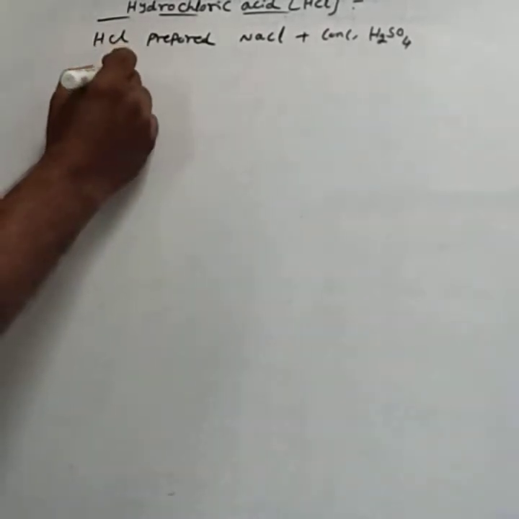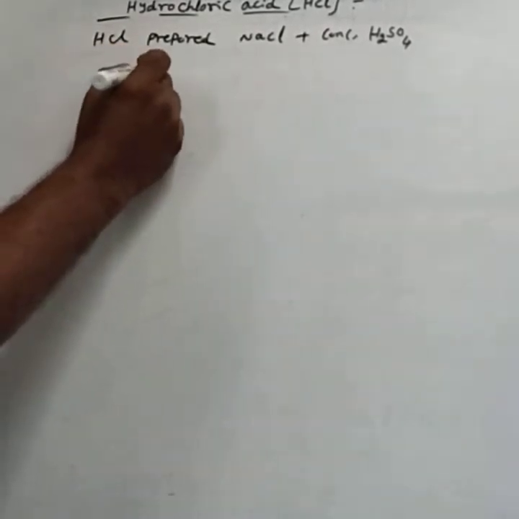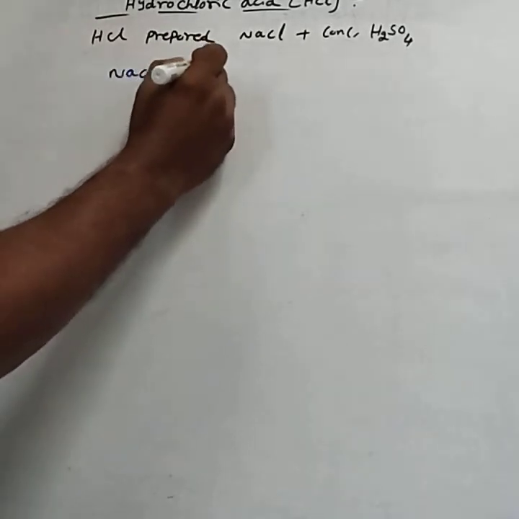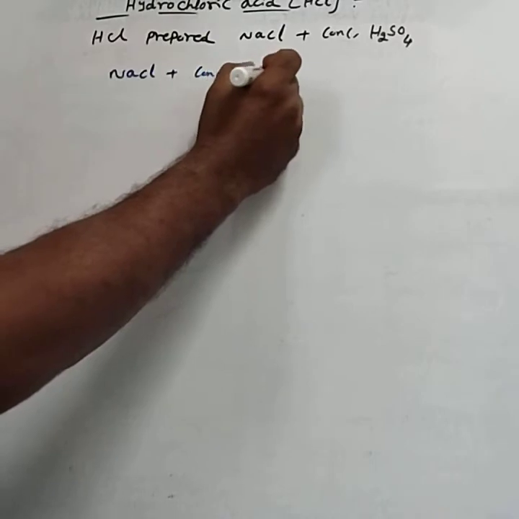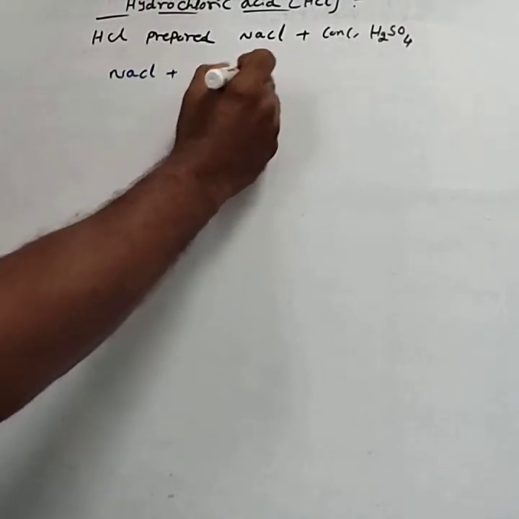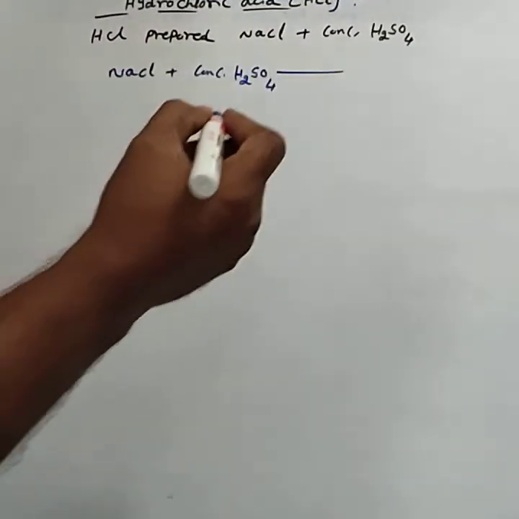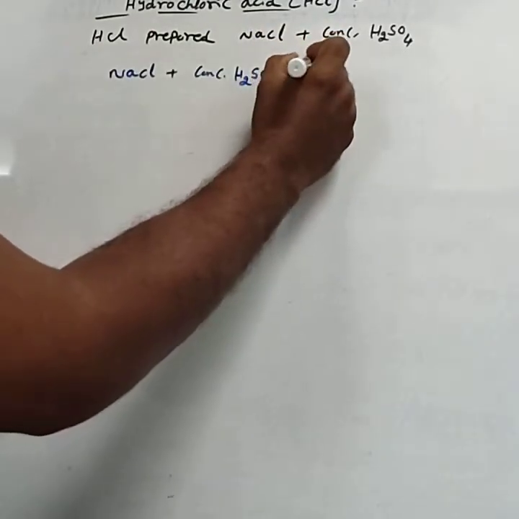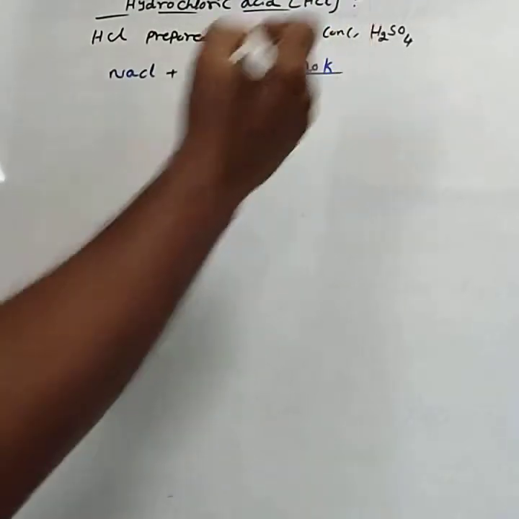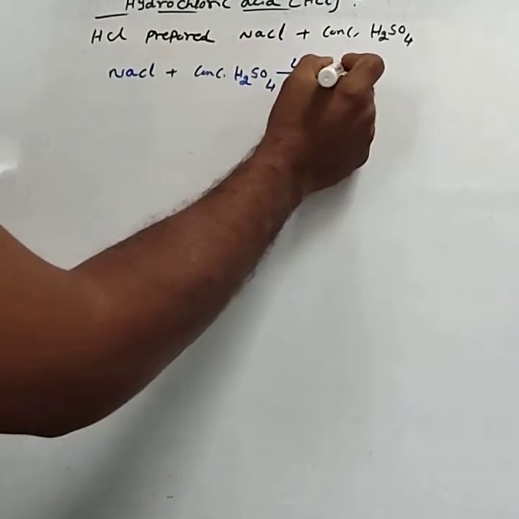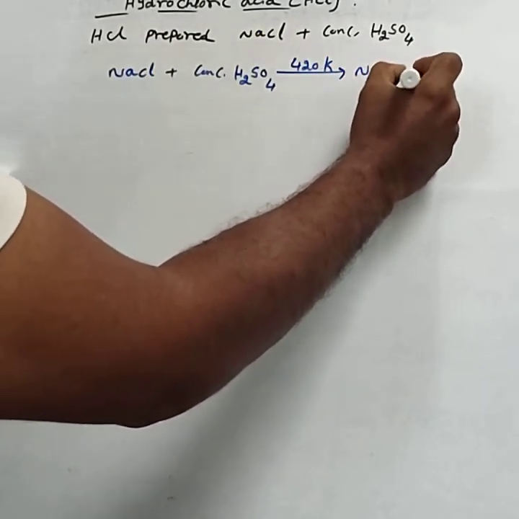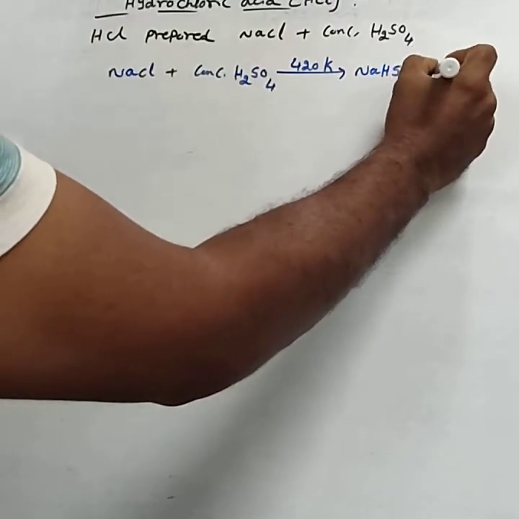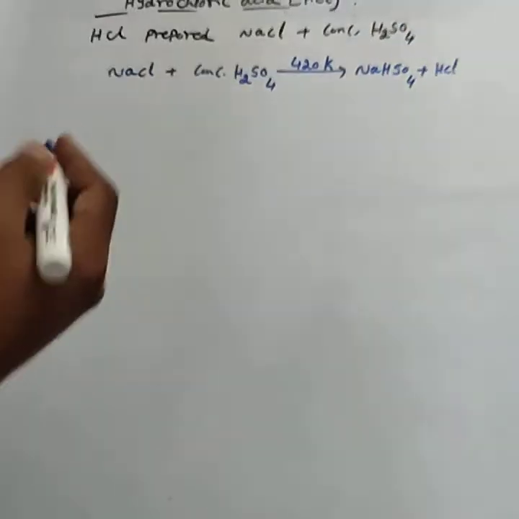The reaction is NaCl, sodium chloride, plus concentrated H2SO4 at a temperature of 420 Kelvin. We get NaHSO4, sodium hydrogen sulfate, and HCl.